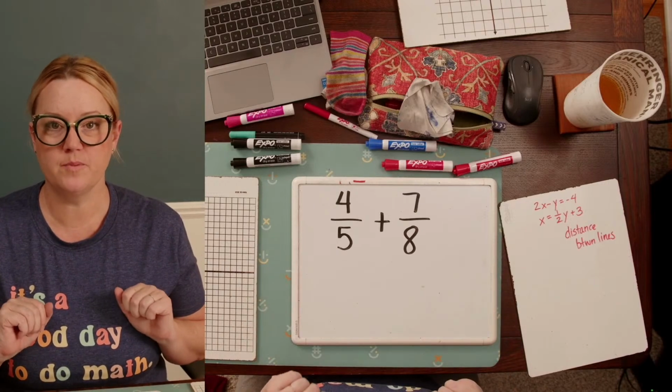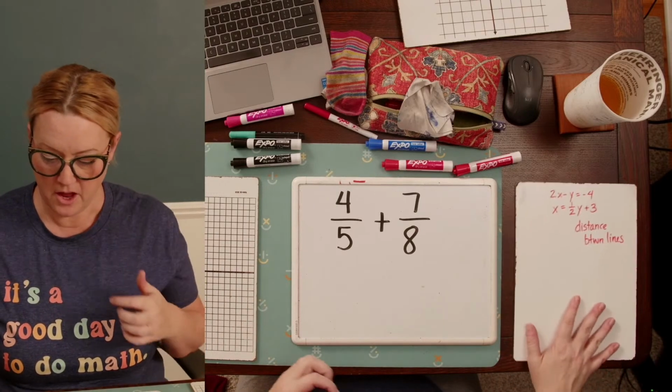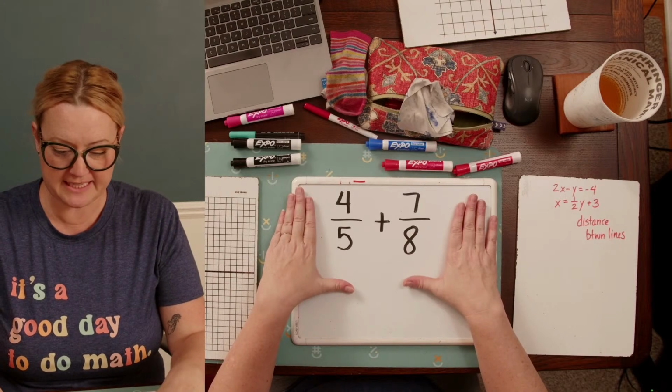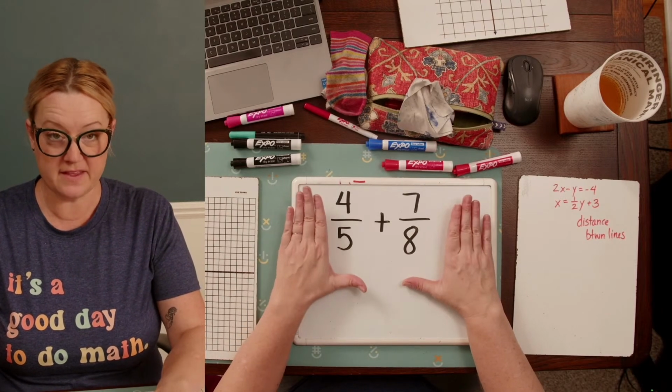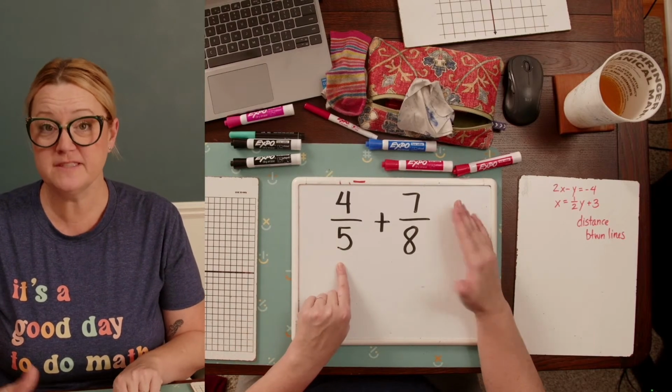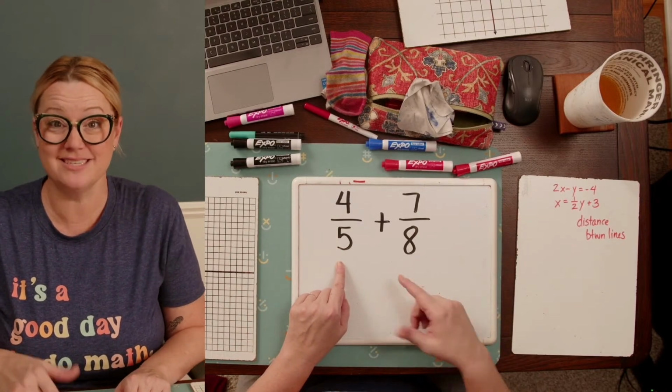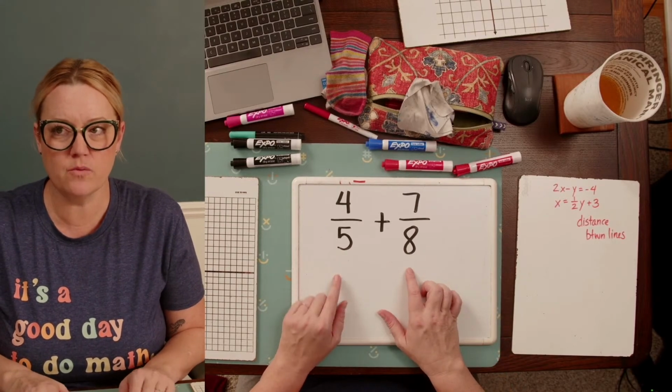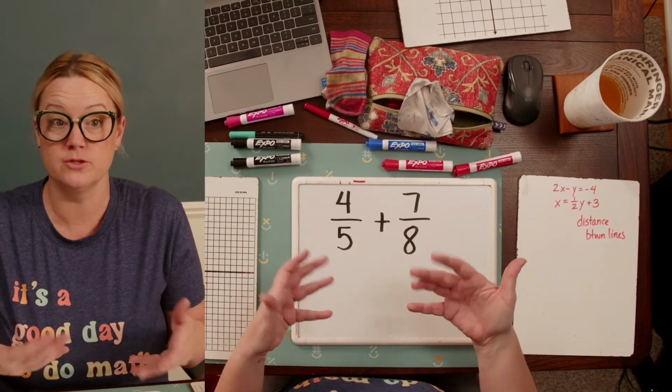Let me work out this problem, Charles, and then I'll work on yours. Okay, so 4/5 plus 7/8. When we've got these fraction problems, we're going to do a little bit of an estimate first. 4/5 is almost 1. 7/8 is almost 1. So if we're adding them together, we're going to expect it to be almost 2.